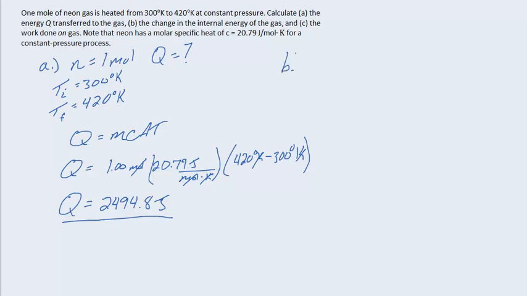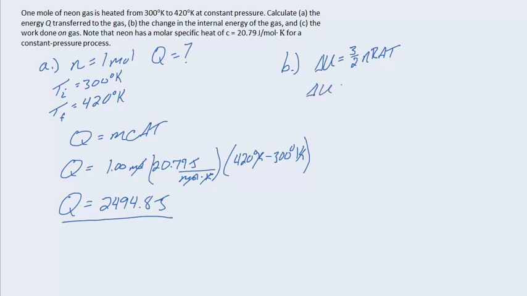So in part B, we can calculate the change in internal energy of the gas by the equation 3/2 multiplied by nR times the change in temperature. We can use this equation since neon gas is a monatomic ideal gas.